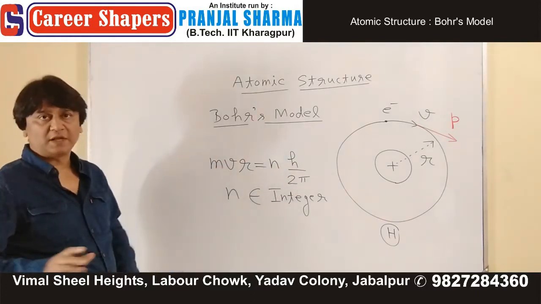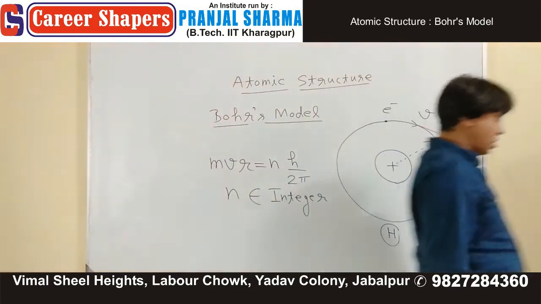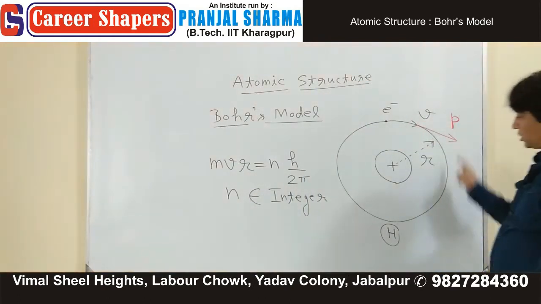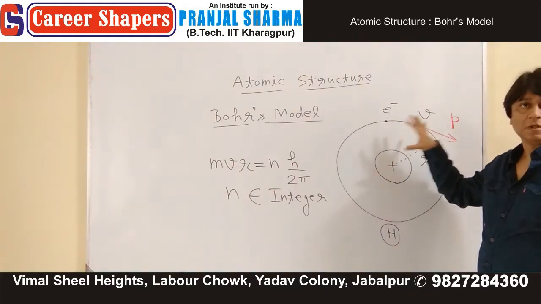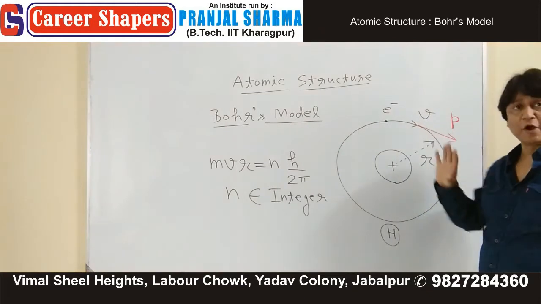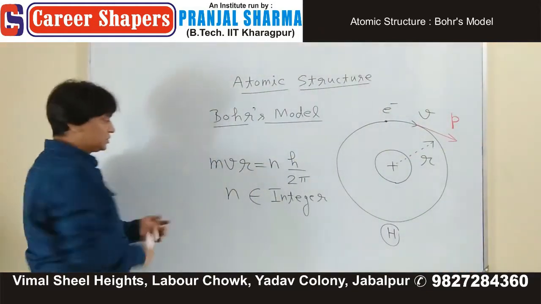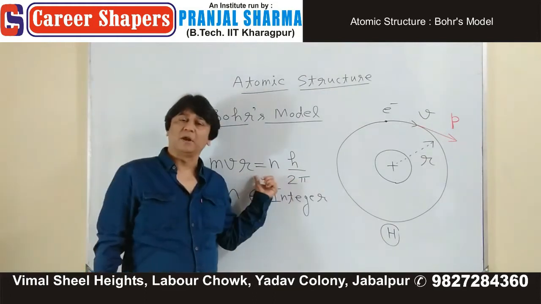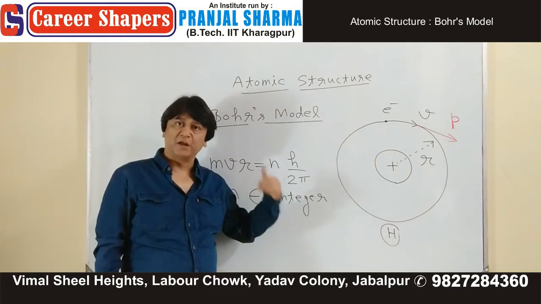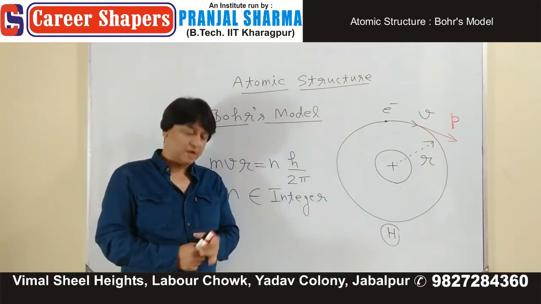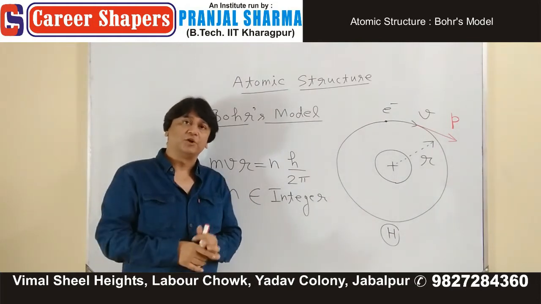These are the two basic things: all the electrons are orbiting in circular orbits, and these are stable circular orbits according to him. As long as they are moving in circular orbits which satisfy this requirement, they do not emit any type of radiation. Why does he talk about not emitting electromagnetic radiation?